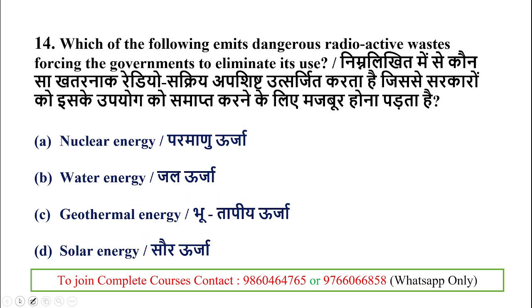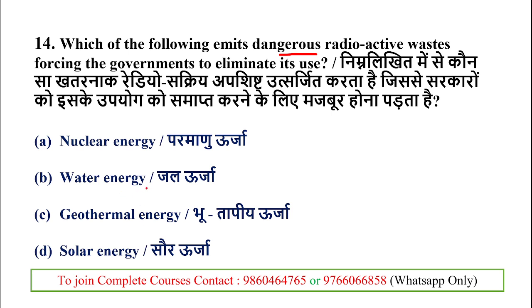The next question: which of the following emits dangerous radioactive waste, forcing governments to eliminate its use? There are various energy resources in our environment, but some of them make dangerous radioactive waste. You can see water energy, geothermal, solar energy; these are energy from the environment.